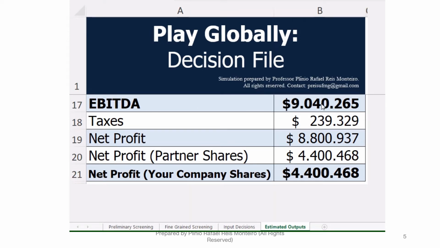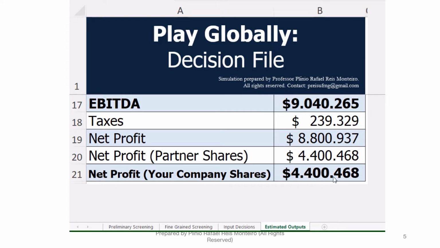And also, after the EBITDA, you need to pay taxes. So this is the amount of taxes taking into account your business model selected. And also, your net profit is the difference between these two. And if you have partners, for instance, in my example, I'm using joint venture. So indeed, half of this profit will be profit for my partner. So in the end, I will receive this amount of money as my profit.